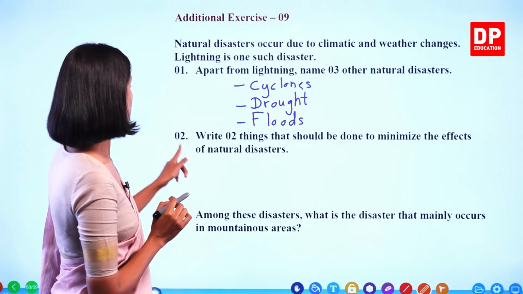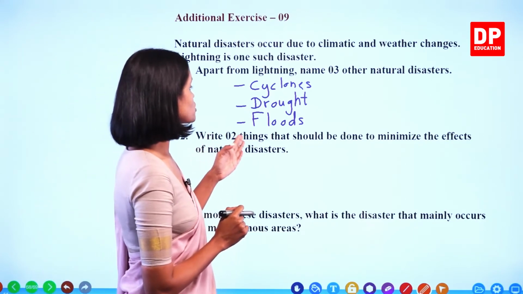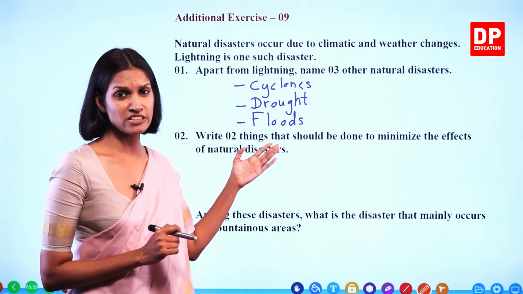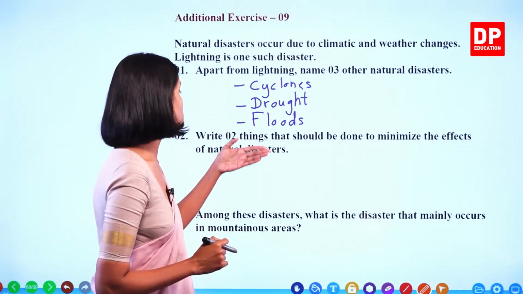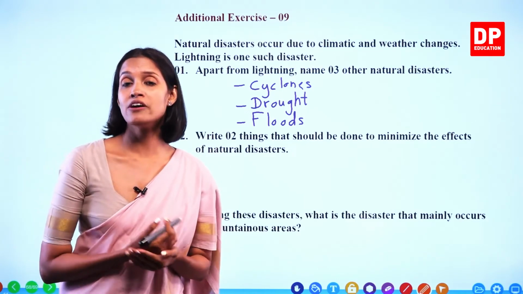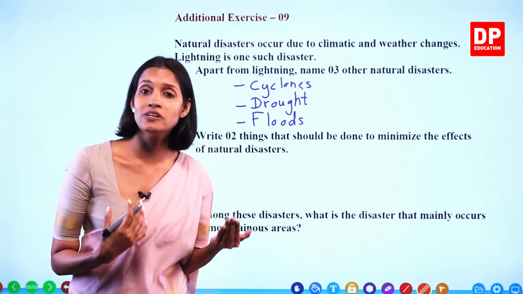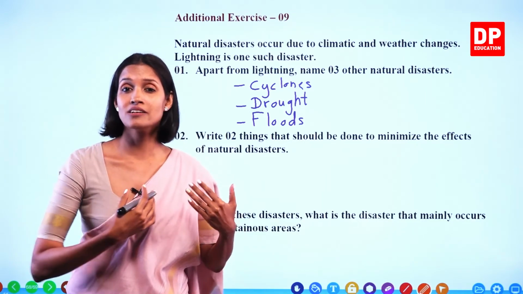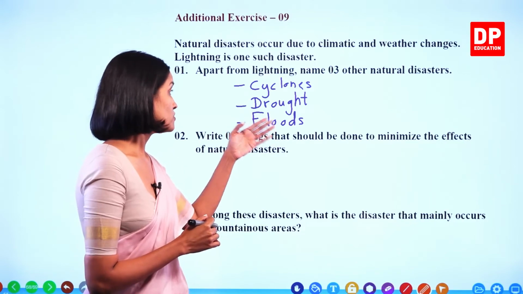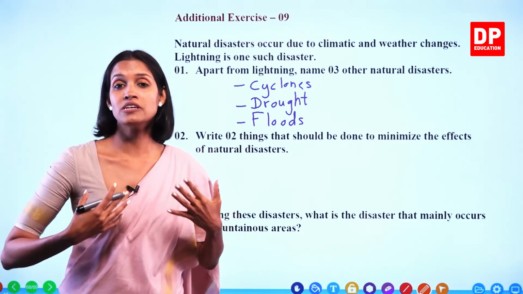Right? Number 2, write 2 things that should be done to minimize the effects of natural disasters. What are the things that we have to do? Number 1, we have to control certain human activities, right? Like cutting down trees. And at the same time, we have to prepare for the disasters.